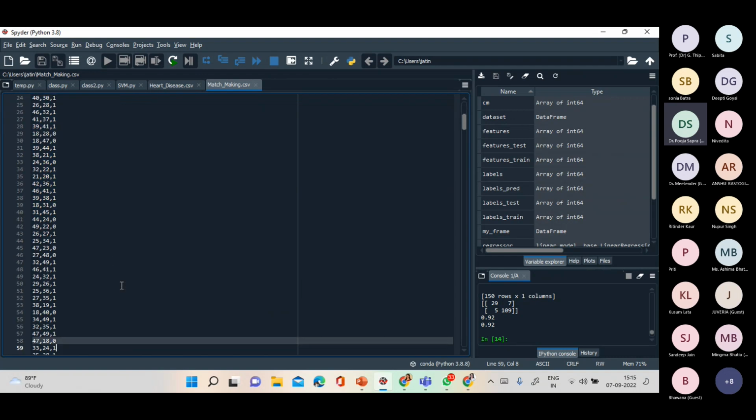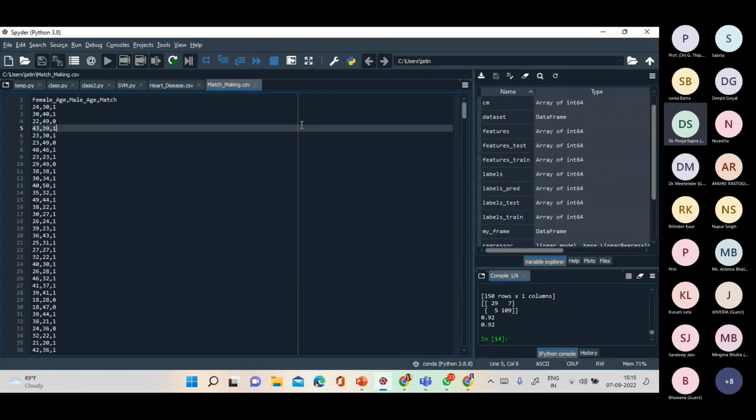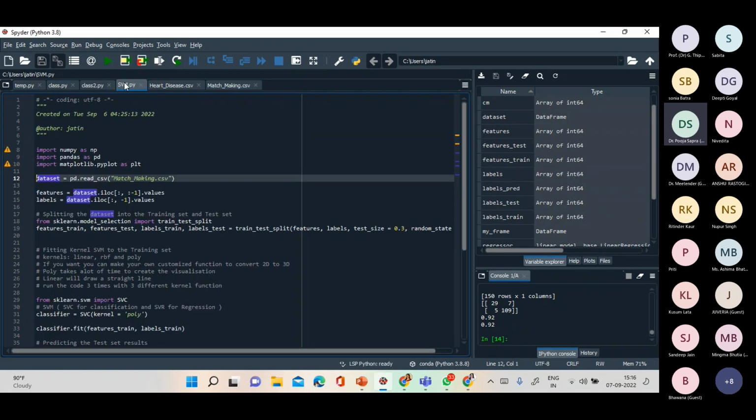In this particular data, there is a large number of rows, around 500. Out of this, again, we will do all those things like importing of libraries, uploading of data, extracting features, extracting labels.